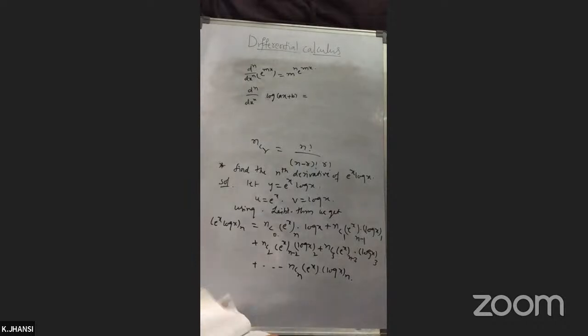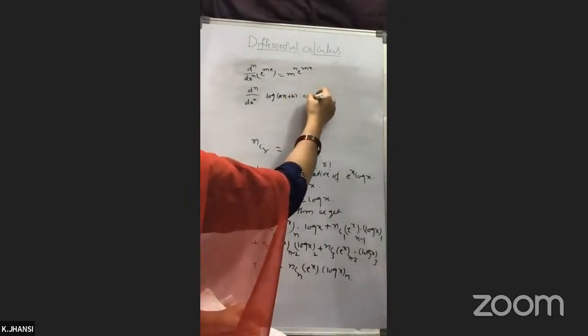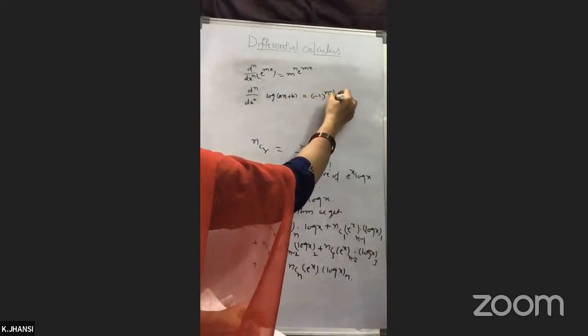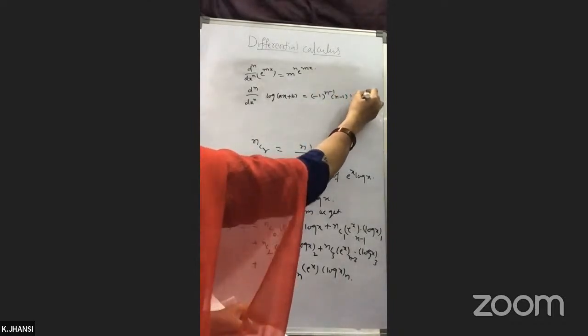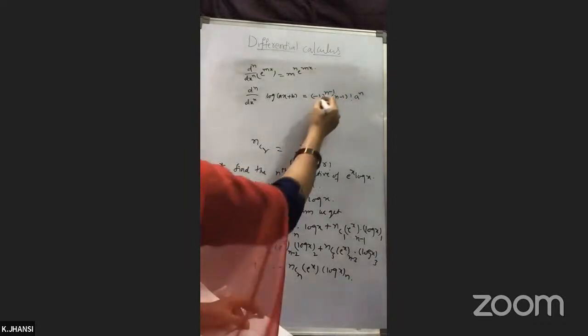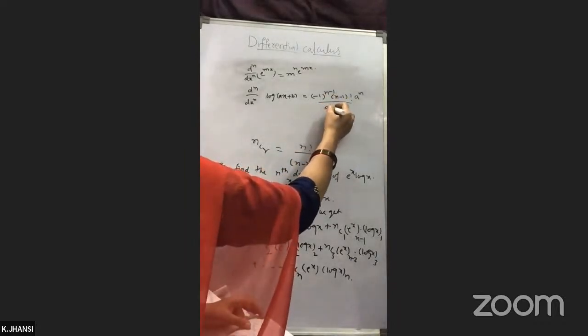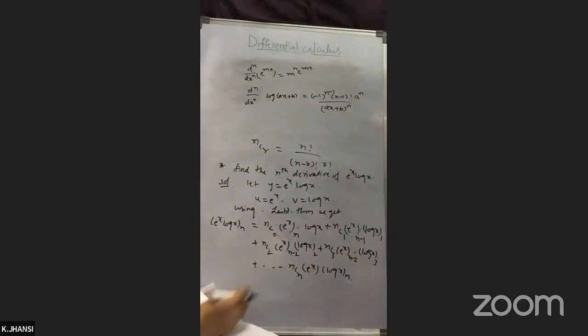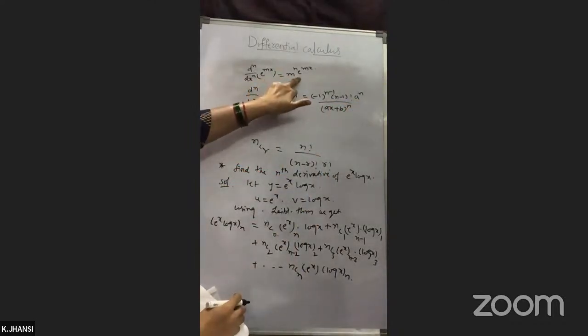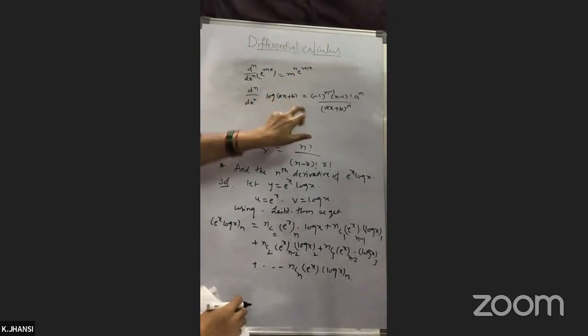Log is (-1) to the power of n minus 1, (n minus 1) factorial, a to the power of n by (ax + b) to the power of n. These two formulas are important. This is the nth derivative of e power mx and this is the nth derivative of this one.